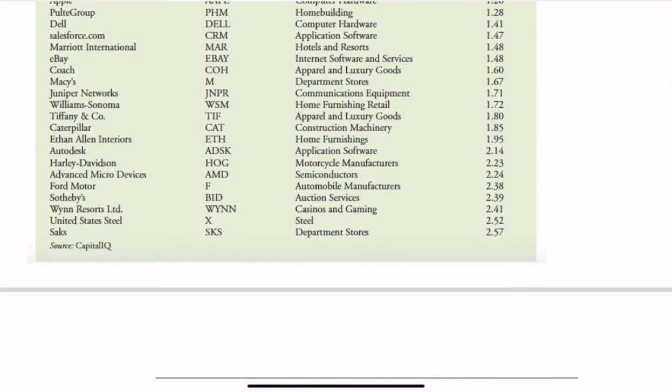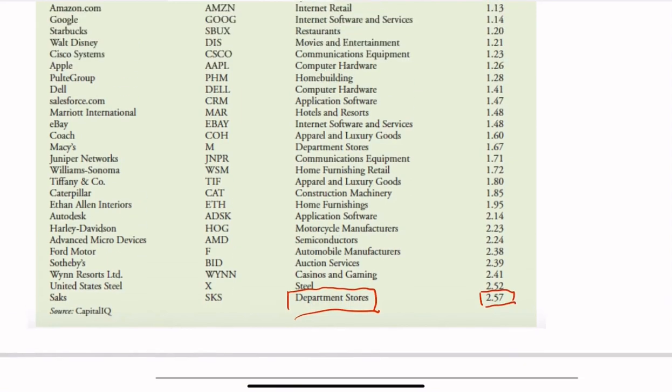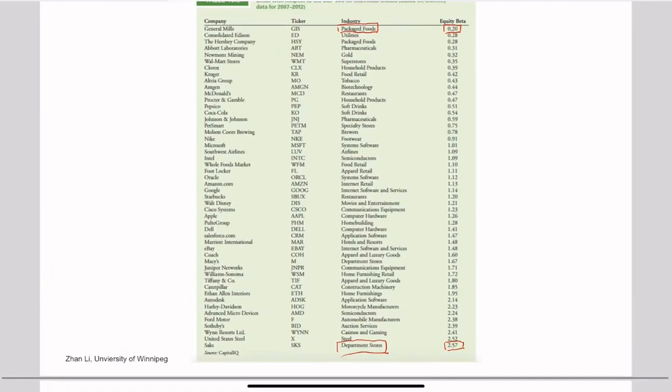And now if you go to Saks Fifth Avenue, a department store, its beta is very large. It's 2.57. Why do you see large differences such as this?